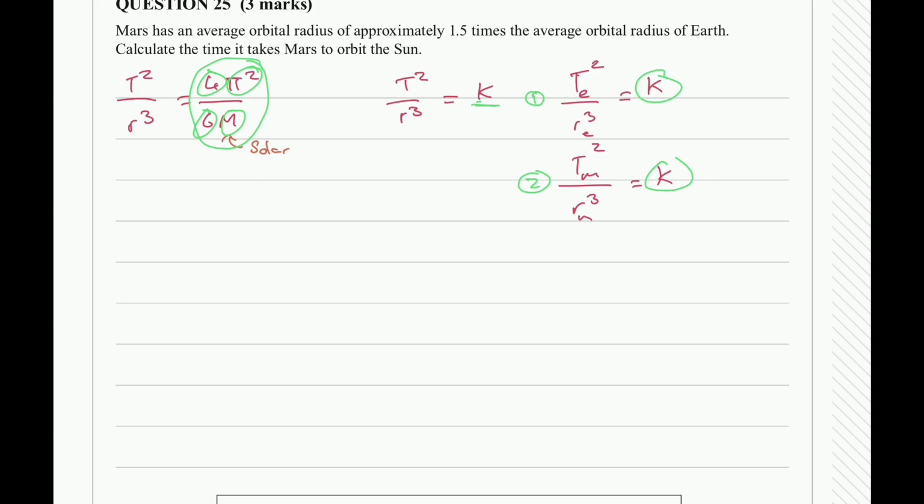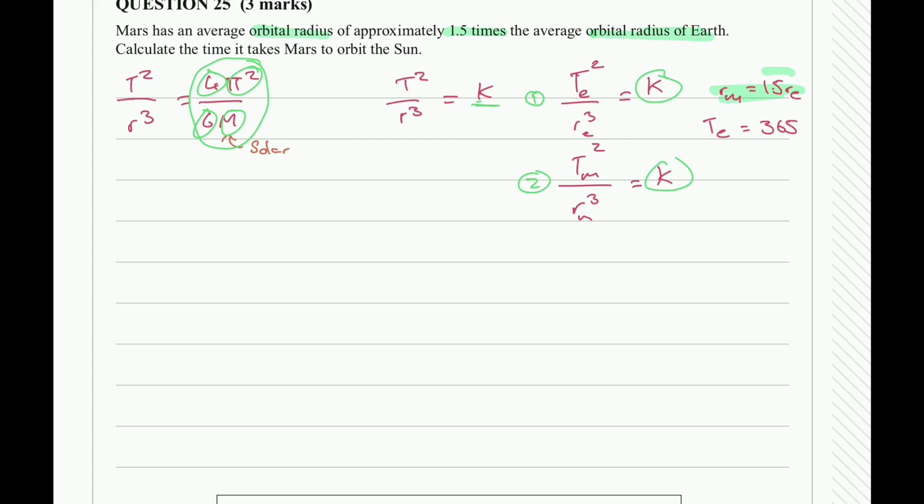So I'm going to leave that as RE, but I'm going to say that RM for Mars is equal to 1.5 times RE, because in our question above, it's stated clearly that the orbital radius of Mars is 1.5 times the average orbital radius of Earth. So that's the statement I'm making here, and the other statement I wanted to claim was TE is equal to 365.